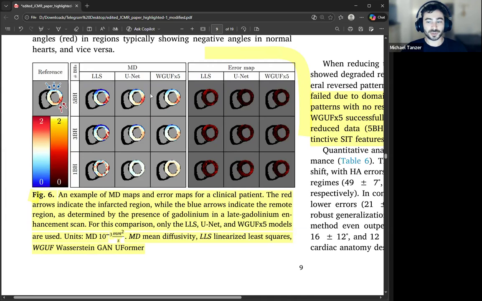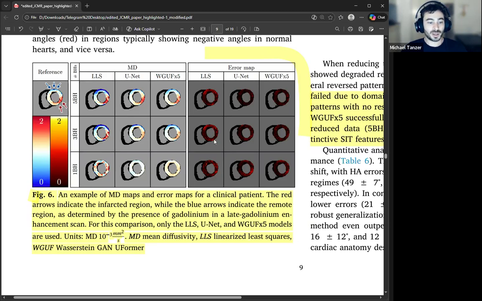All the three methods that we show here maintain the numerical difference in MD between infarcted and remote regions, which is statistically significantly different. However, when we look at the one breath hold case, we start losing visual quality and confidence. So we believe, and for the rest of the paper, we mostly show three breath hold images, because we believe this is the right trade-off to get a meaningful scan time reduction while maintaining diagnostic accuracy.